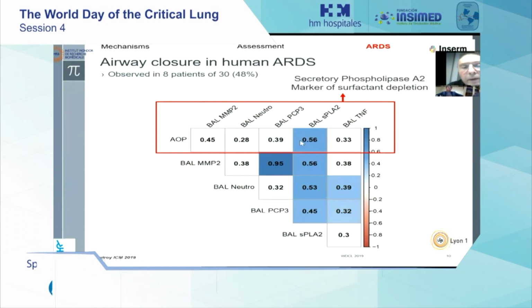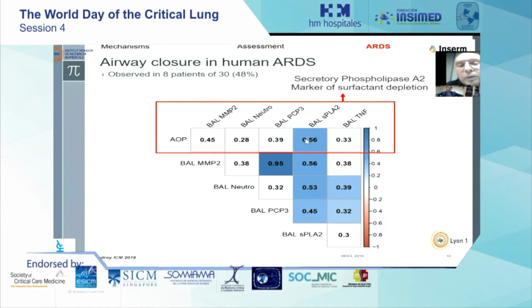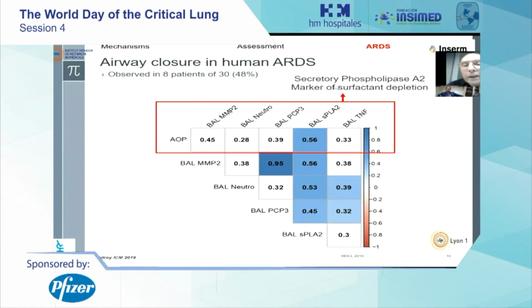And you see that there was a significant, even if weak, correlation, but statistically significant, between AOP and the concentration in the BAL of the secretory phospholipase A2, which is a marker of surfactant depletion.